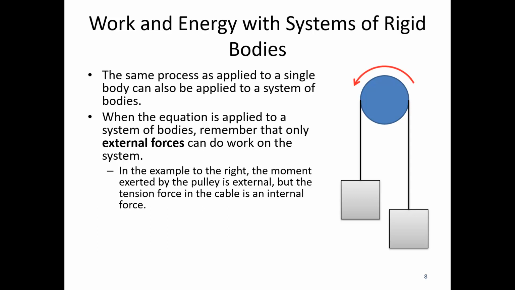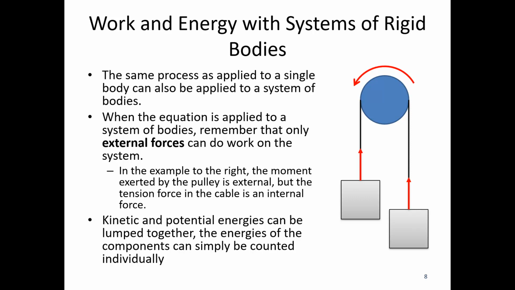If I turn this pulley, the moment exerted by that pulley is work done on the system. But the tension in the cables is an internal force, so that would not be counted as work on the system. So sometimes by treating the whole thing as a system, we can simplify the process because we only have to worry about the external forces and moments on our system.